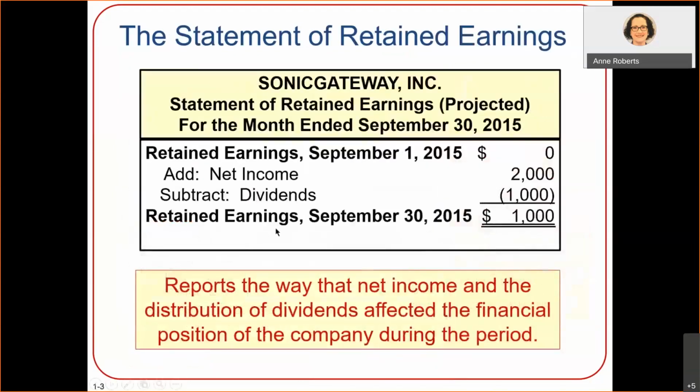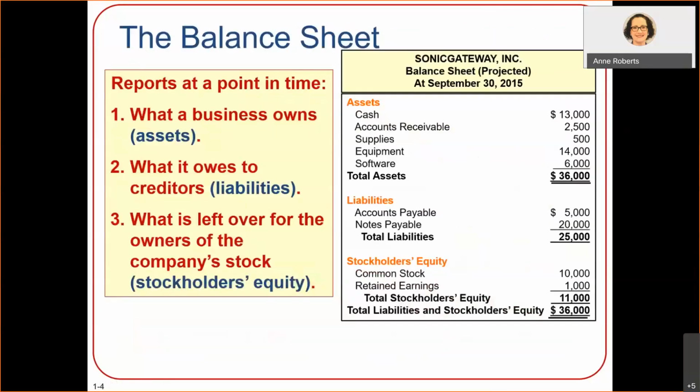Then that net income rolls into the retained earnings statement. We then subtract dividends to get to ending retained earnings. Then that retained earnings rolls up into the balance sheet.